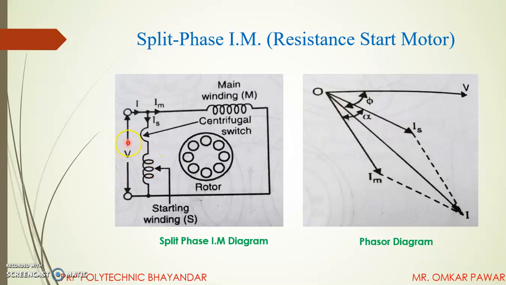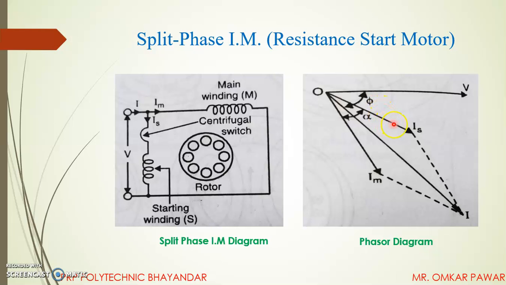Suppose this is a phasor diagram of the supply voltage. The main winding, which is highly inductive, lags the voltage by nearly 90 degrees, this is IM. The auxiliary winding is highly resistive and less inductive, so it is nearly in phase with the supply voltage.